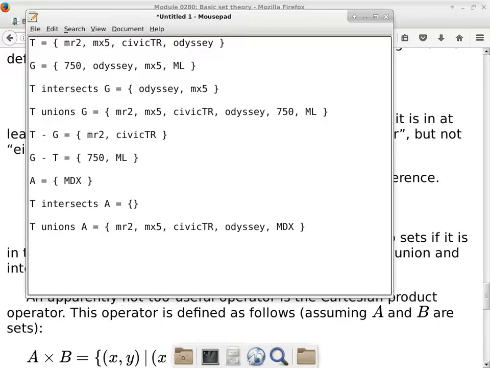All right. What about A minus T? Just the MDX, which is exactly the same thing as A itself, right? A itself only has MDX, but A minus T is also just a set with MDX.